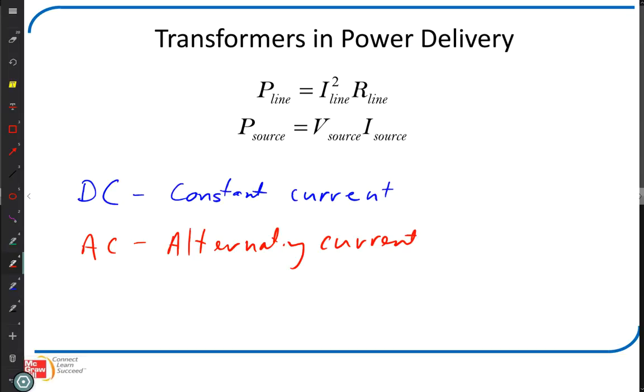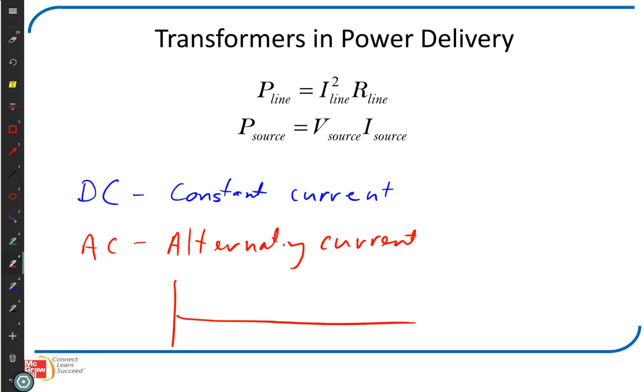And as far as you're concerned for this class, AC is always going to be sine waves, right? In real life, you can have all kinds of things that are variable that aren't sine waves. But for this class, it's just going to be sine waves.